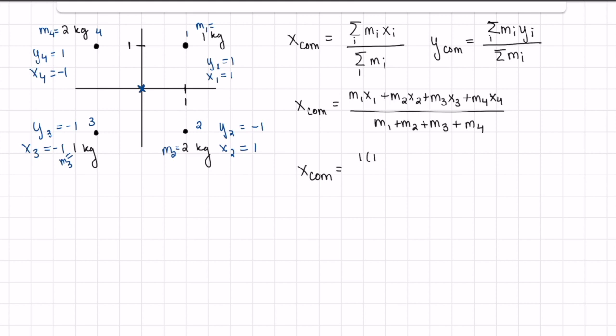So 1 times 1 plus 2 times 1 plus 1 times -1 plus 2 times -1 all over 1 plus 2 plus 1 plus 2. So maybe this wasn't a good example to choose. This will actually give us our x center of mass being 0.